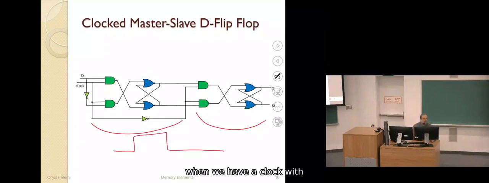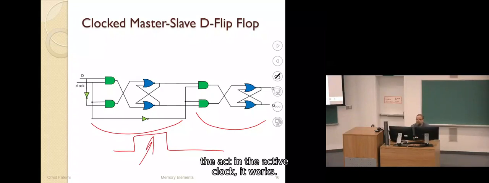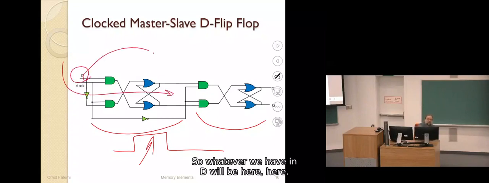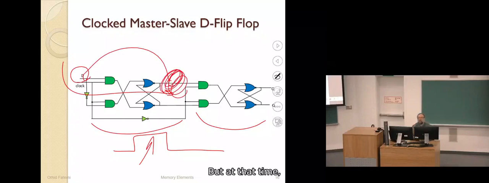When we have the active clock, the master works. So whatever we have in D will come here. But at that time, the clock for the next D flip-flop is 0.